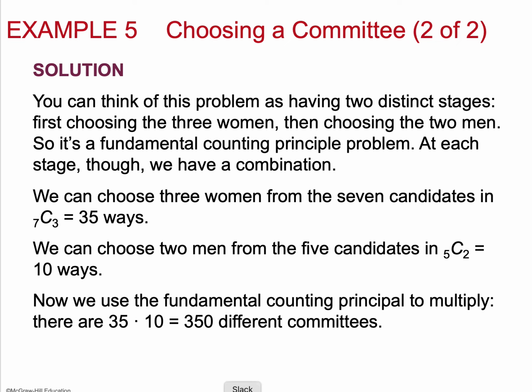So I'm going to multiply those 2 together, and that gives me 350 different committees. What's different about this problem than the previous one is I'm selecting from different groups. I have to choose 3 women. I have to choose 2 men. Those are 2 separate pools of people that I'm selecting from.